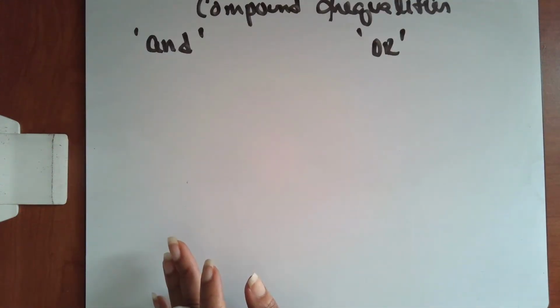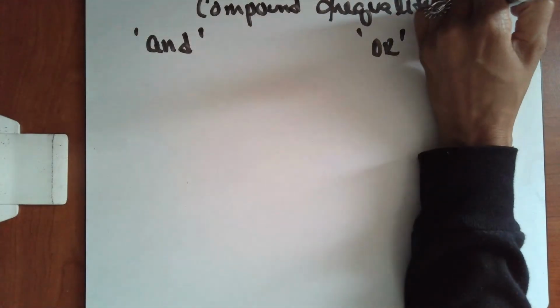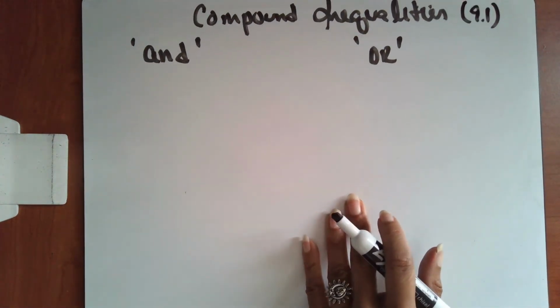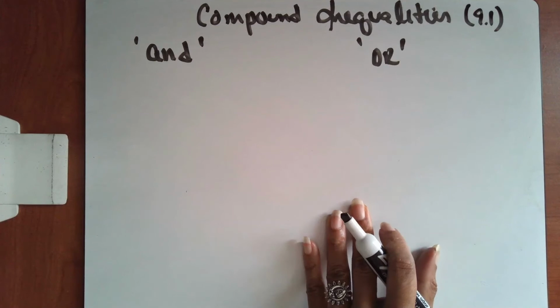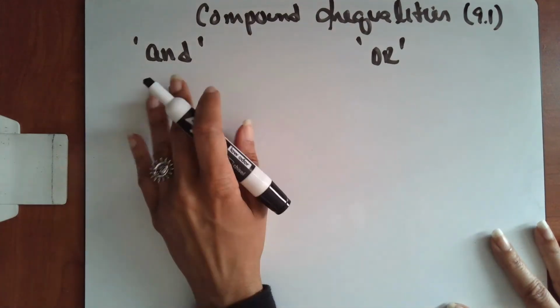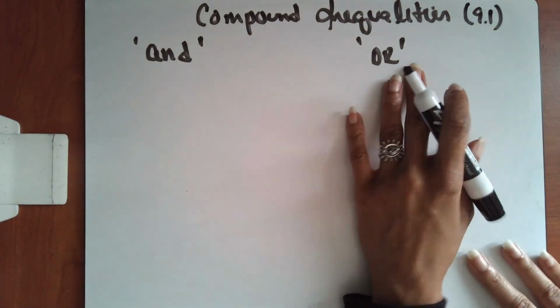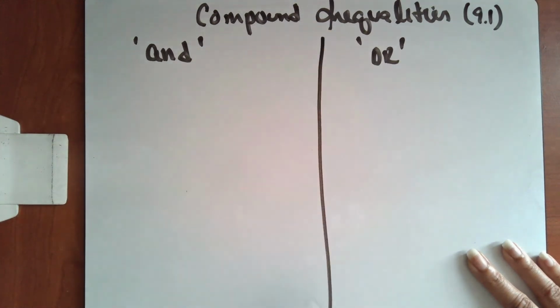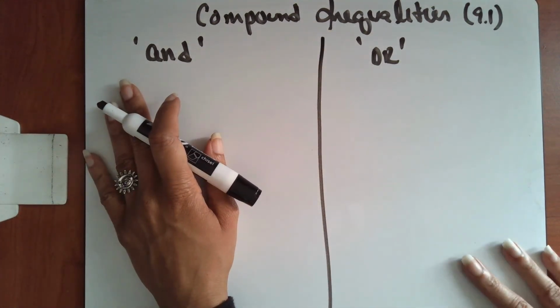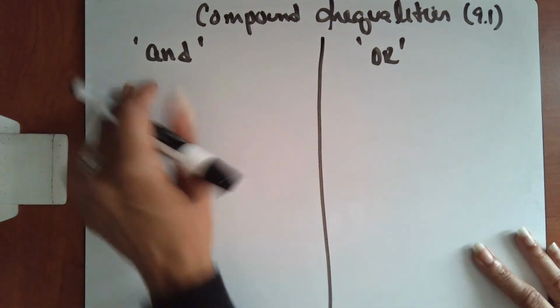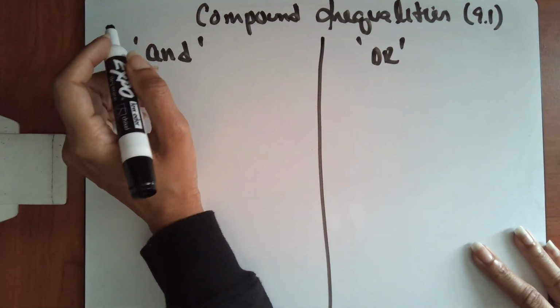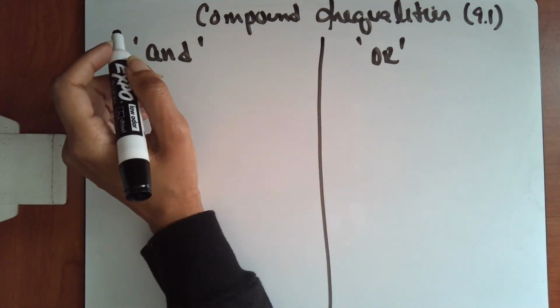All right. So the second part of this section is 2.8 and 9.1, which is compound inequalities. So you have two types of compound inequalities. You have an and compound and you have an or compound. So the and compound is usually written as one problem. So it'll look like this.